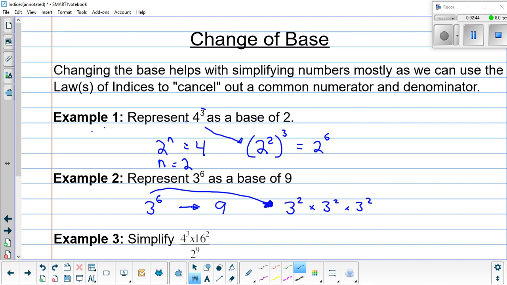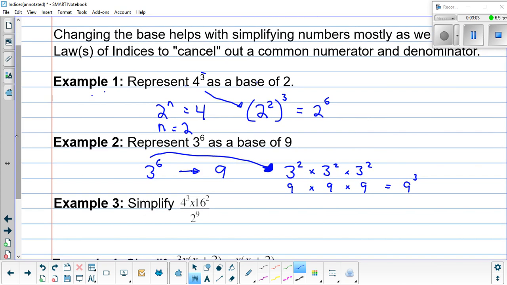You can think of this as breaking up. You can do easier methods, I just want to show you where this comes from. So what is that? That's 9 times 9 times 9. So really, we can state it as 9 to the power 3. It's just going the opposite way.